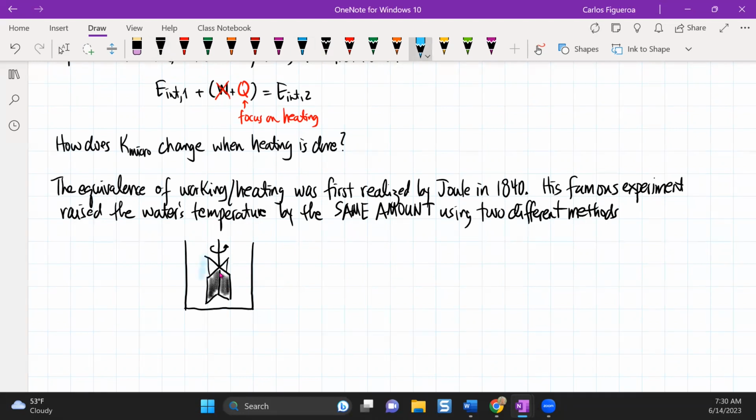And this was placed in water. So the paddle is doing work.